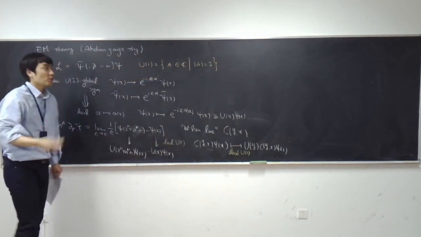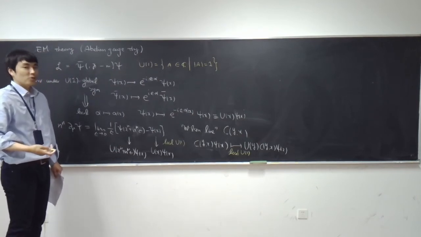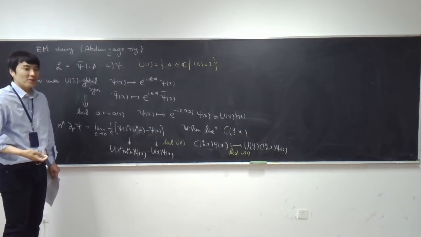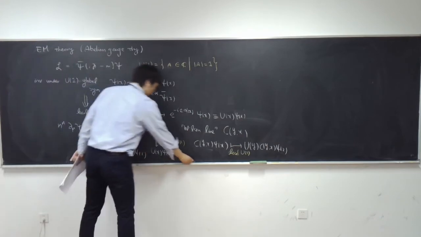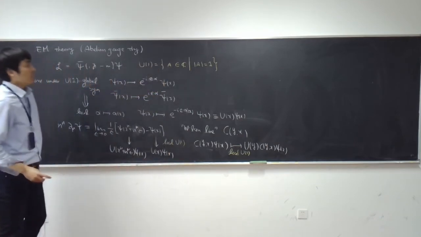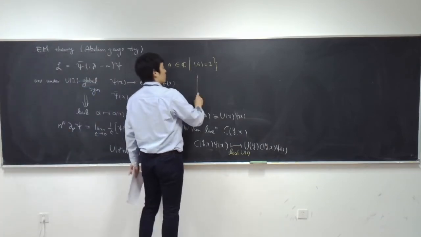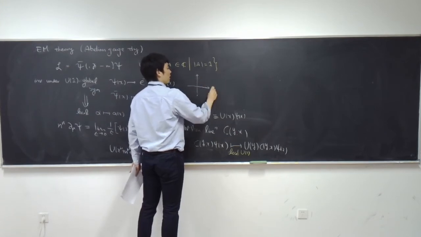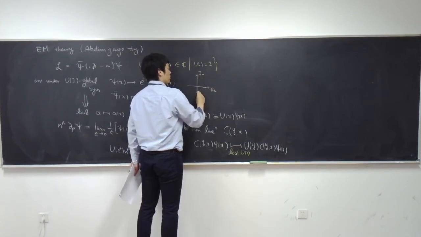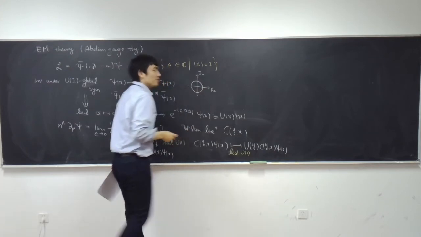So this forms a group. I hope you understand the definition of group. In any case, this means the unit circle in the real and imaginary plane. This is U(1).